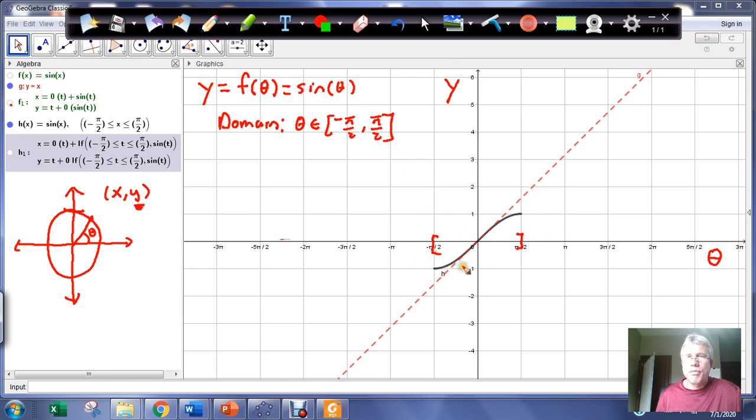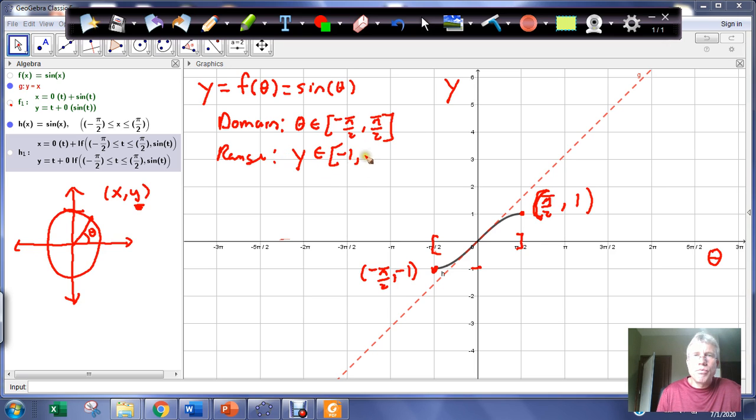Well, the sine function over the interval from negative pi over 2 runs from a low of negative 1, because right here I have the ordered pair input negative pi over 2, output negative 1, and here I have the ordered pair input pi over 2, output positive 1. So I get a low point at negative 1 and a high point at 1. So the y values, my range, will run from a low of negative 1 to a high of 1.